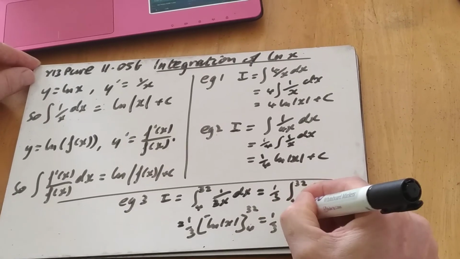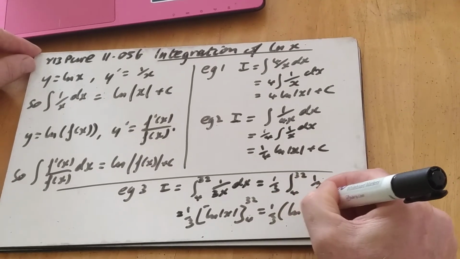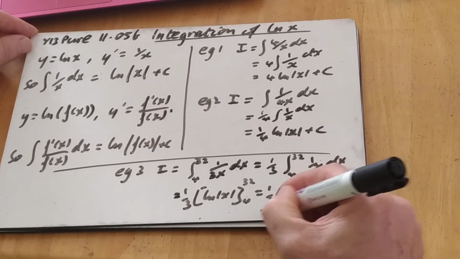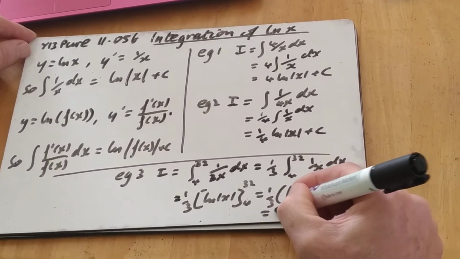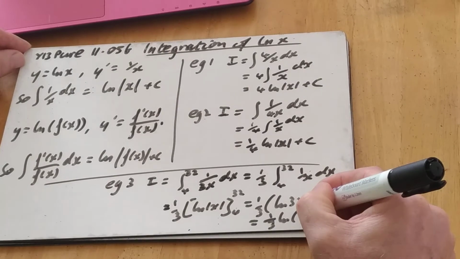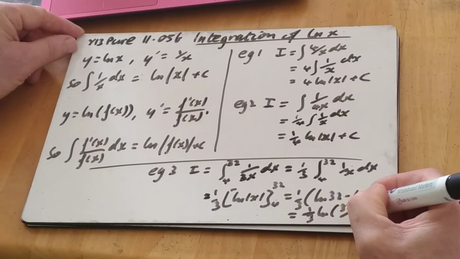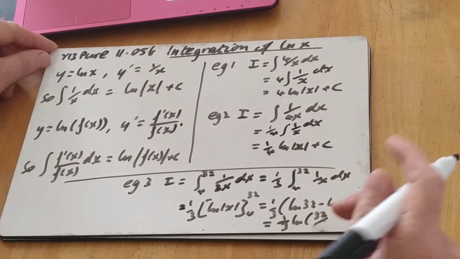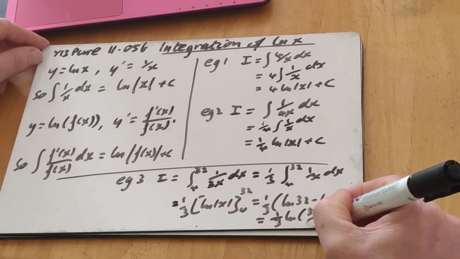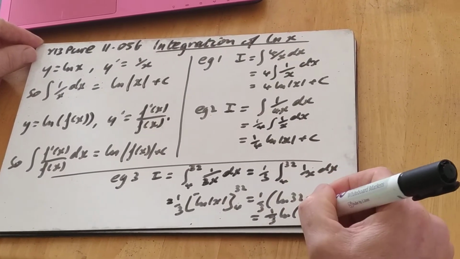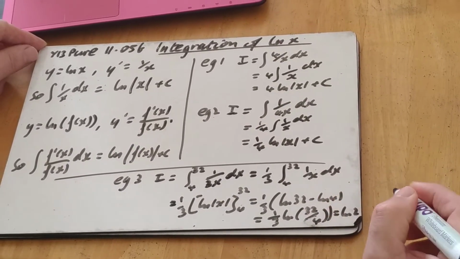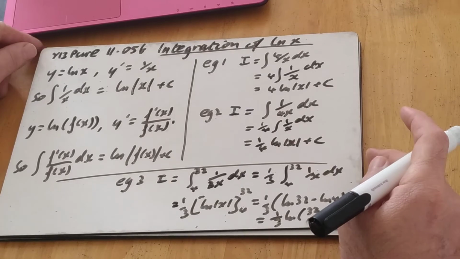So I've got a third, and then ln 32 minus ln 4, rules of logs, ln of 32 over 4, which is ln 8. And then a third ln 8 is ln of 8 to the power third, which is ln 2, because cube root of 8 is 2.